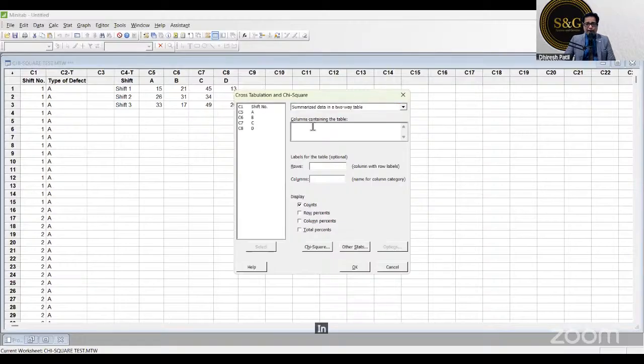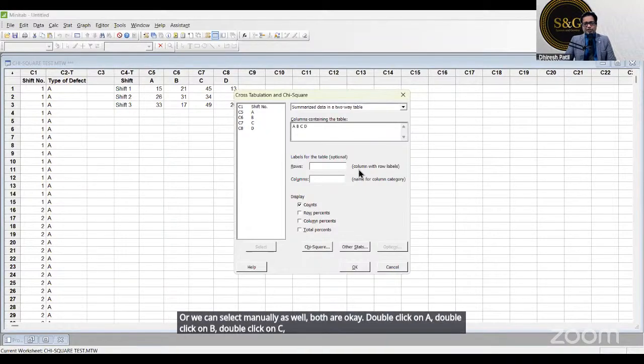In this, columns containing, we will select A to D and click on select. So we'll select A, B, C, D, or we can select manually as well. Both are okay. Double click on A, double click on B, double click on C, double click on D. That is also okay.